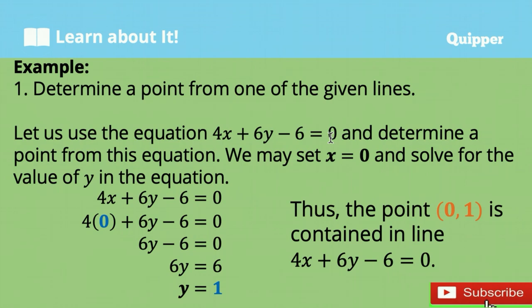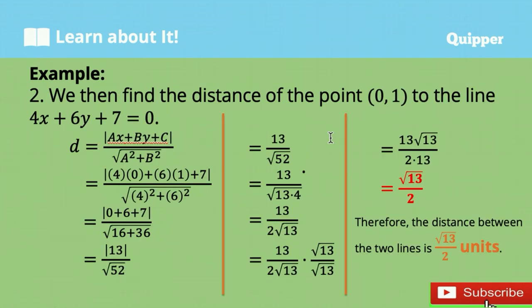Since we already have a point, we can now use it to find the distance from (0, 1) to the line 4x plus 6y plus 7 is equal to 0. Use the perpendicular distance formula. Of course, we have to identify a, b, c, x, and y. Our a is 4, b is 6, c is 7, and x is 0, y is 1.